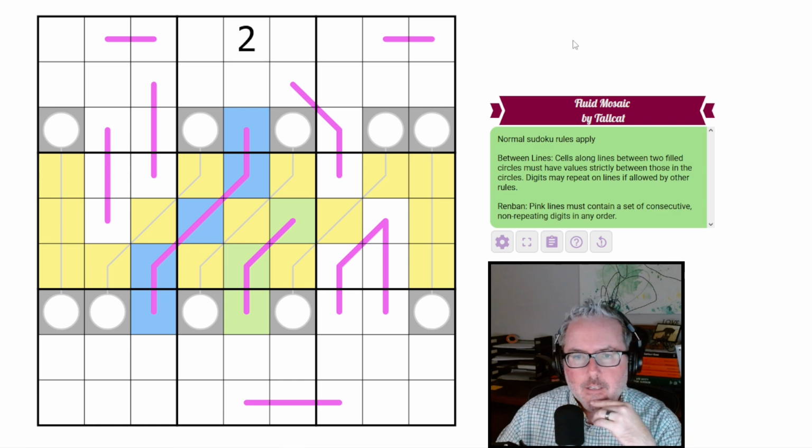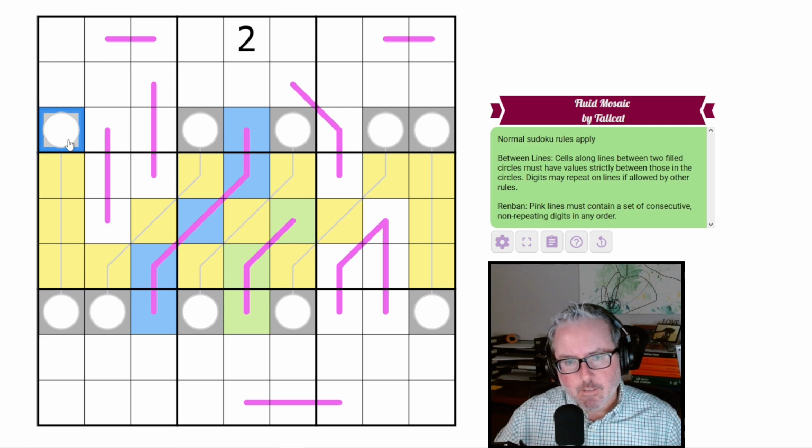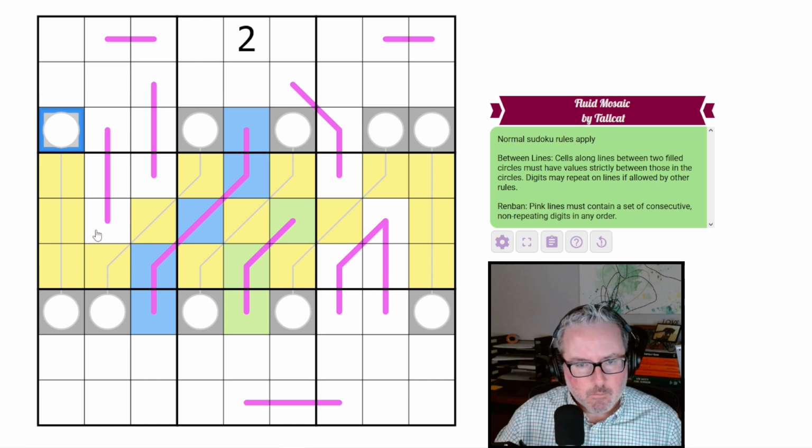Can we build anything off of that? Because let's say if this thing did have a 1 on it, is that possible?